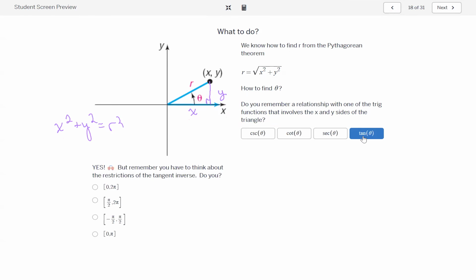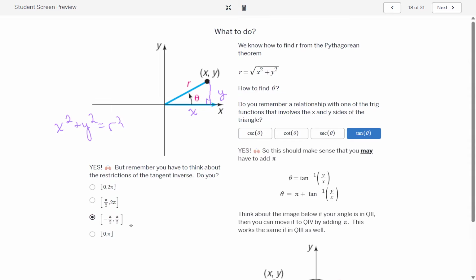But the catch here is that tangent, when we're trying to calculate theta, we use inverse tangent, and there's restrictions on inverse tangent. They follow the restrictions that sine of theta has. Inverse sine of a quantity is only defined in quadrants 4 and 1. Tangent follows suit.